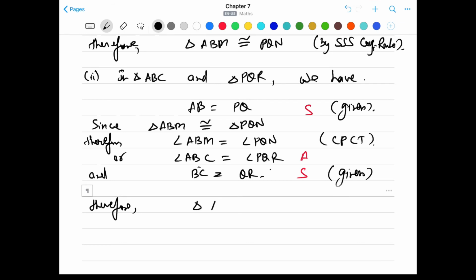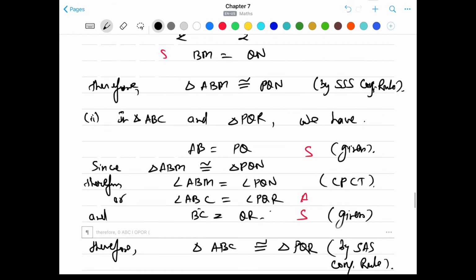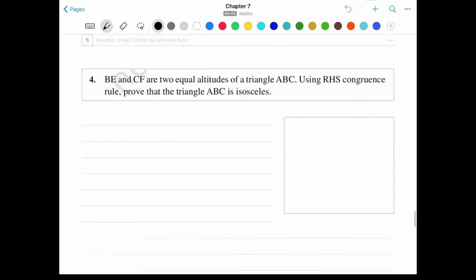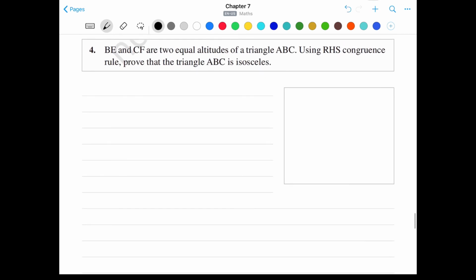So therefore triangle ABC is congruent to triangle PQR, by the side angle side congruence rule. So that's the answer of question number 3 of exercise 7.3.